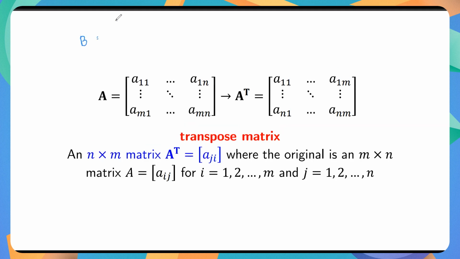Let's call this B, and let's say we have 2, 3, 4, 1, 5, 6. When you're taking the transpose of a matrix, you're flipping the dimensions as well. So this is a 3 by 2 matrix. The transpose of B is a 2 by 3 matrix. So we are expecting a matrix that looks like this.